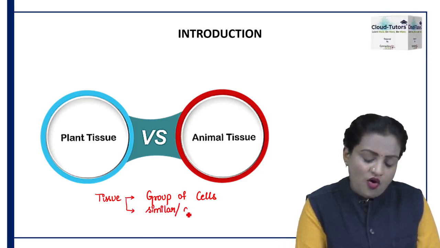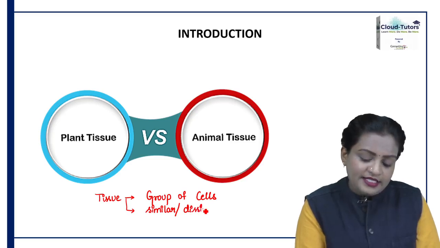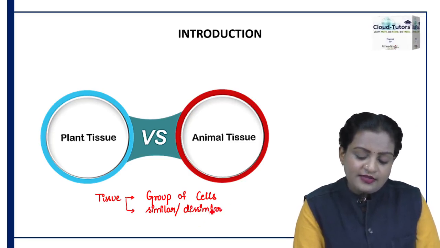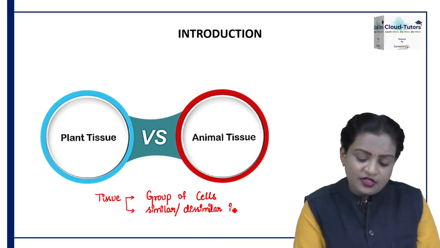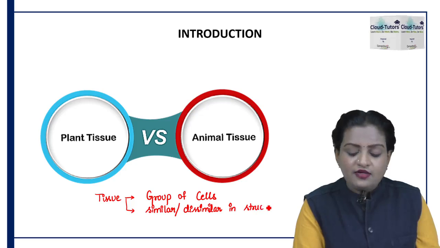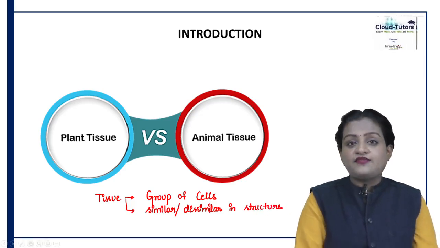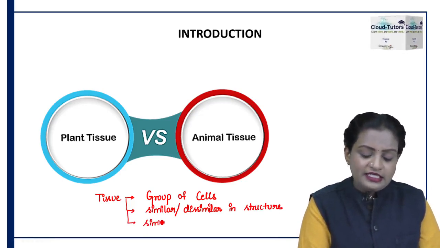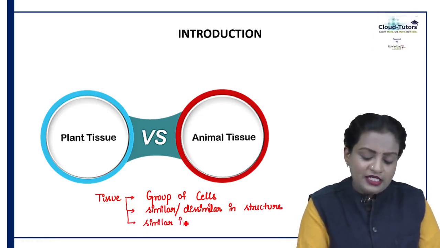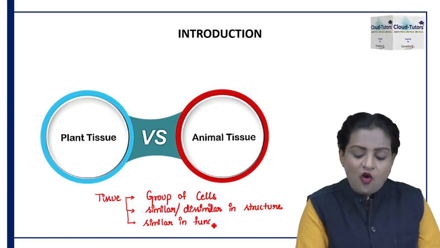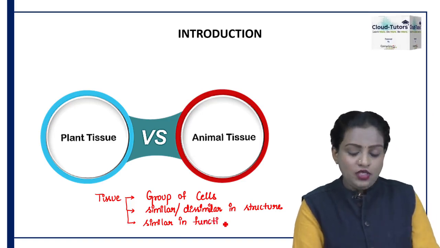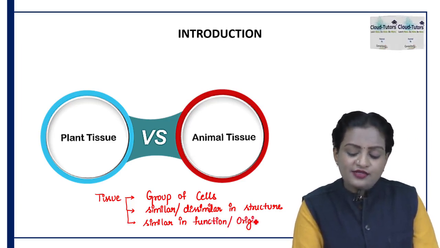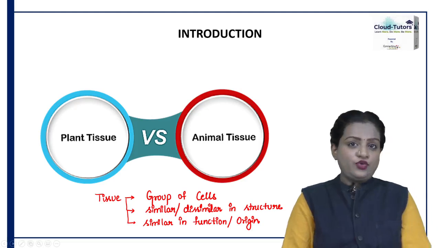So they can look the same together, or they can have different components altogether. But what they should have in similarity is function. Similar in function, that is, they all work together for one goal, and also origin. Their origin has to come from one single source.